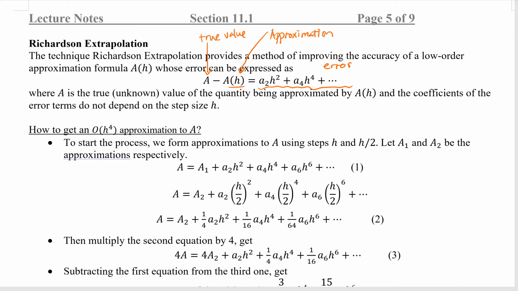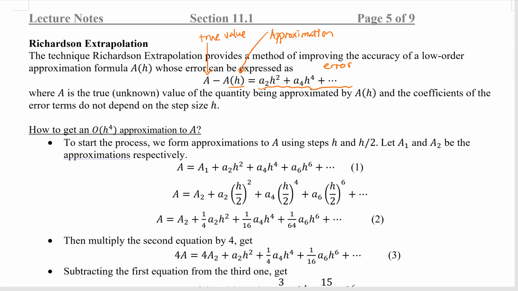The 2 point forward and the 2 point backward formulas are all first order error, but our central difference formula is second order error. So in that case, A is the true value, A(h) is the central difference formula, and the error is the second order error. Okay, that is the example.